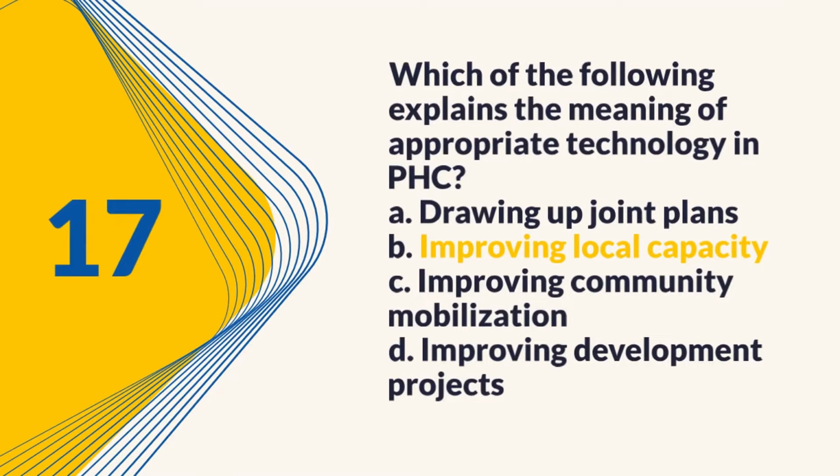Appropriate technology in primary health care, PHC, means using methods and tools that fit the local context, improving the community's ability to sustain these practices. Options A, C, and D are important but not the specific meaning of appropriate technology. So, the correct answer is B, improving local capacity.